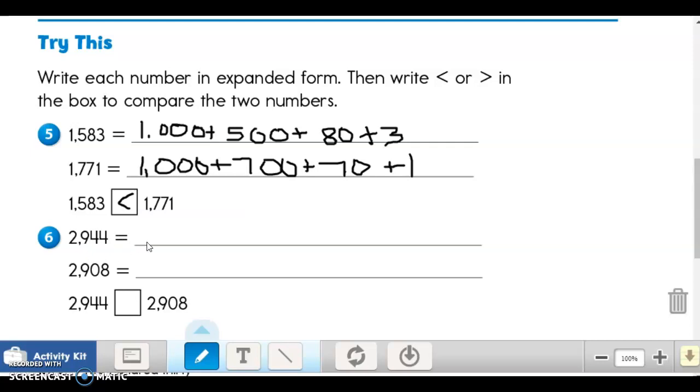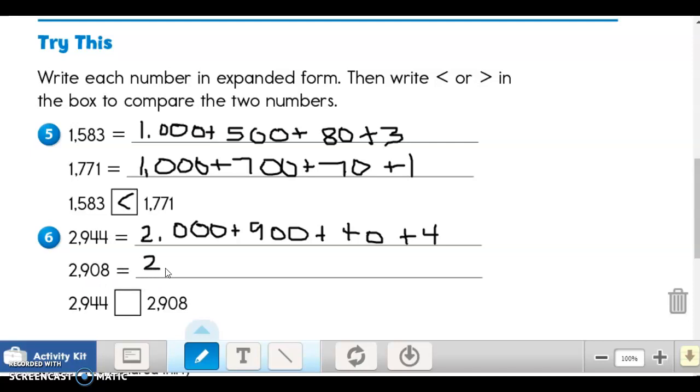2,944. Let's put that in expanded form. 2,000 plus 900 plus 40 plus 4. Be careful of your zeros in this one, friends. This will be a little different for us, so check your answers carefully. 2,908.